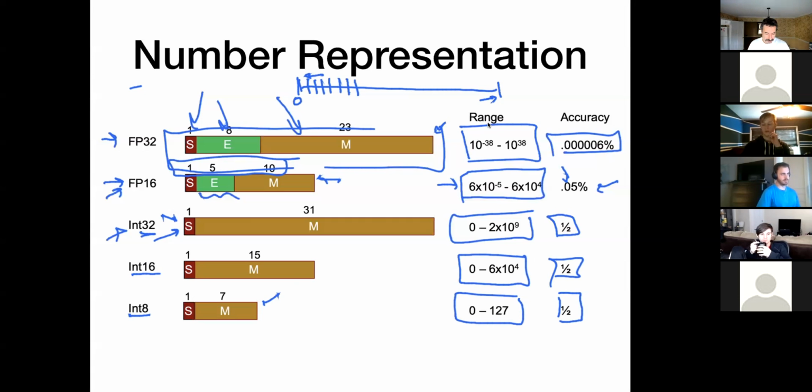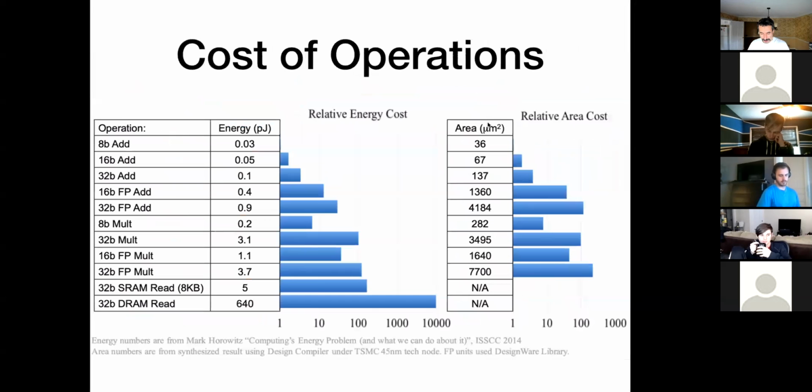So with different representations, you get different ranges with different accuracy. But the important aspect is the cost of these operations. When it comes to mathematical operations that you do, you need to have three things, right?